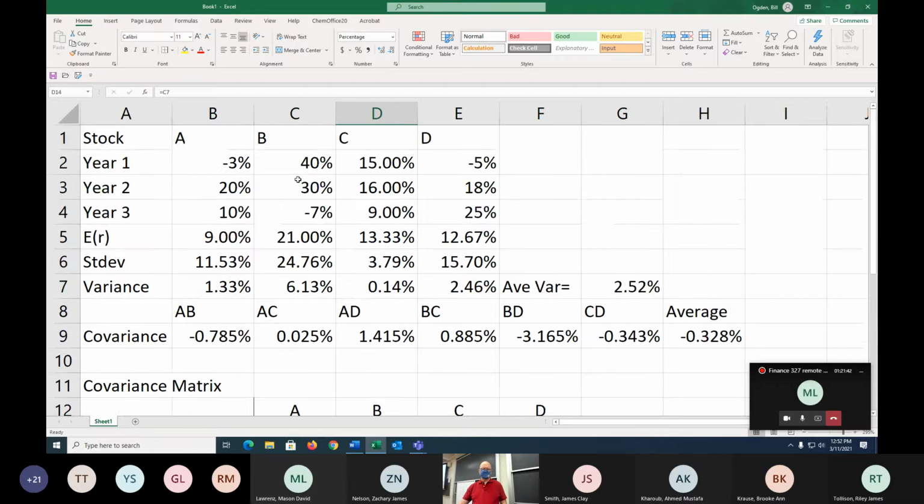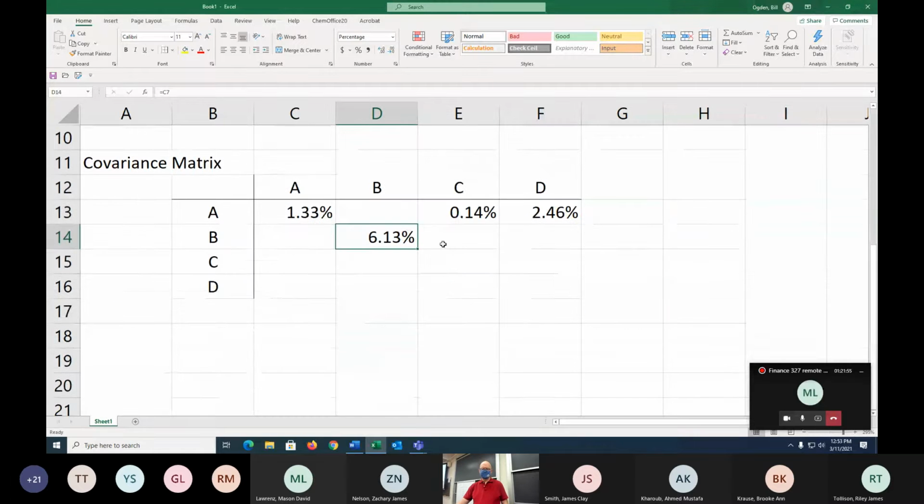If we go over to here, the variance of B is 6.13%. So B varying with B, that's the variance of B. This will be the variance of C. And this will be the variance of D.